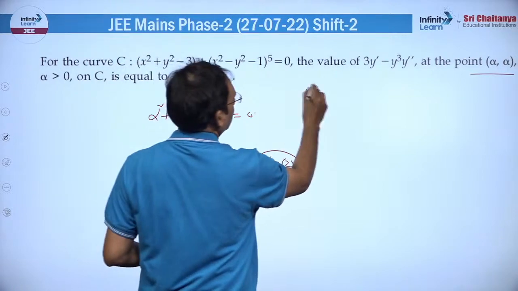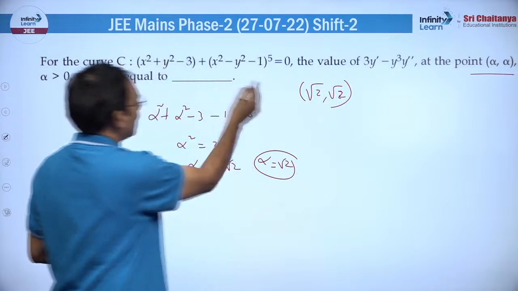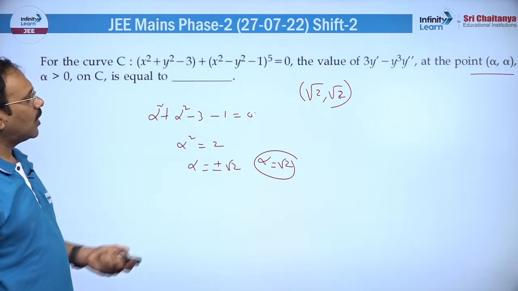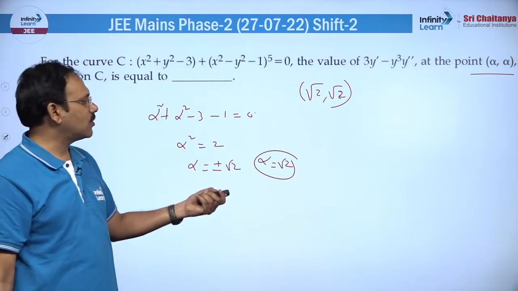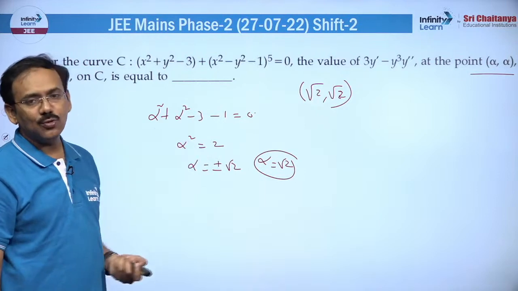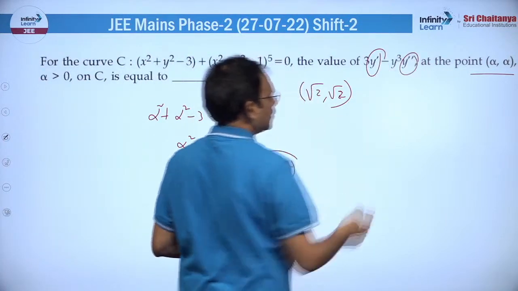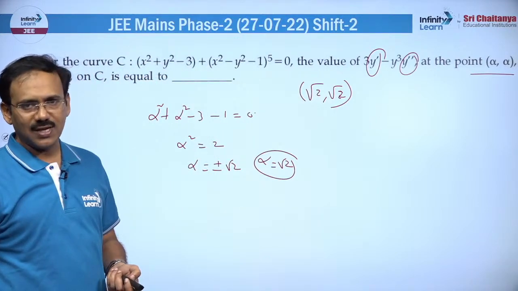This point is going to be root 2 comma root 2. Now this is simply an implicit function. You want the first derivative and second derivative, or you can also take the derivative directly and substitute root 2 comma root 2, so that you can find y dash and y double dash, and y is anyhow root 2. You can substitute and you will get the answer.